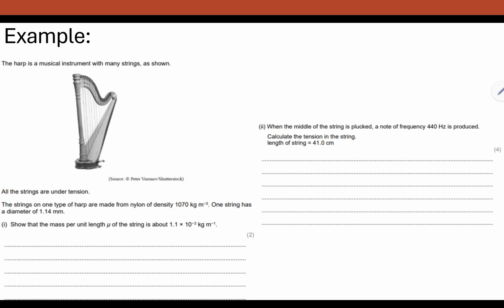So, we know that the formula of mu is mass per length, as it says in the name. And we can also rewrite the mass in terms of density and volume.